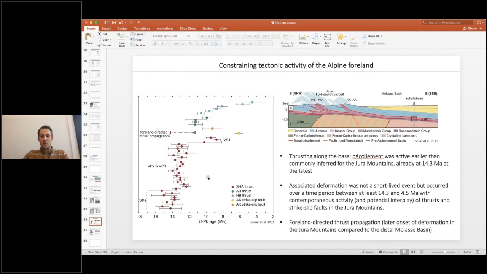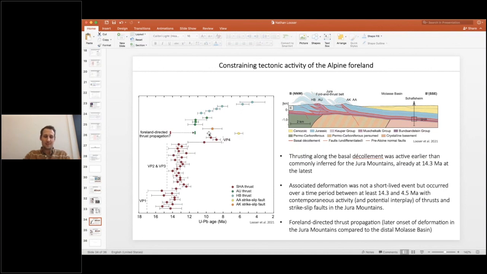Then what we also see, or we think we see it, but it's difficult to really put the finger on that, is that it seems that we see a younger onset of deformation in the Jura Mountains than in the northern Molasse Basin, which you would expect because of the foreland propagation of the deformation front.